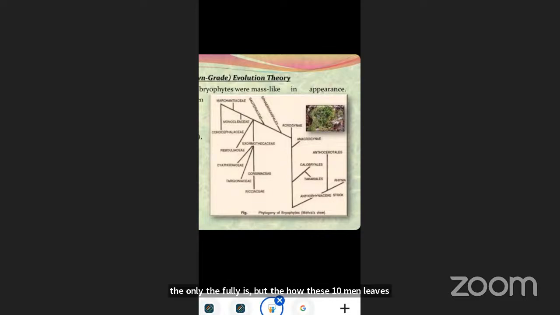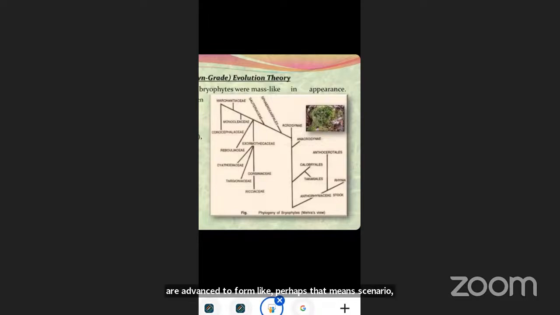So the evolution of gametophyte is from the simple form in Riccia to advanced forms like Marchantia. Riccia is the simple form of thallus, and the advanced forms are like Funaria and Polytrichum.